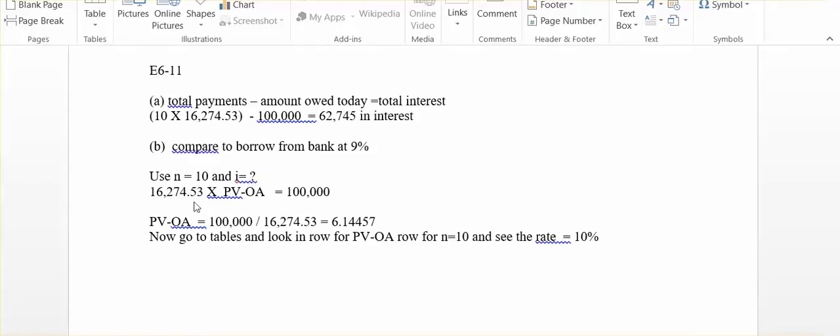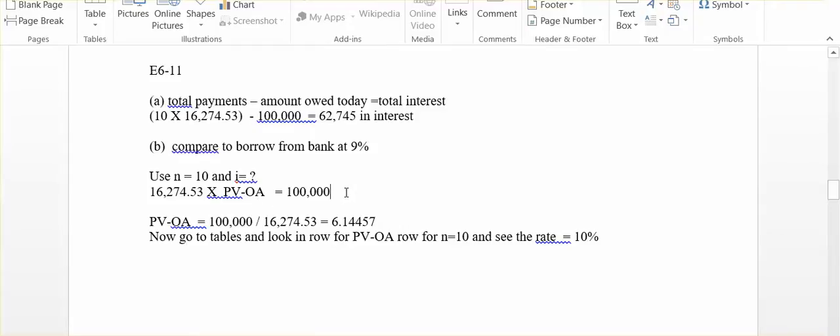So the present value of the same amount of payments, the value of the annuity, is 16,274.53 times the factor PVOA, right?